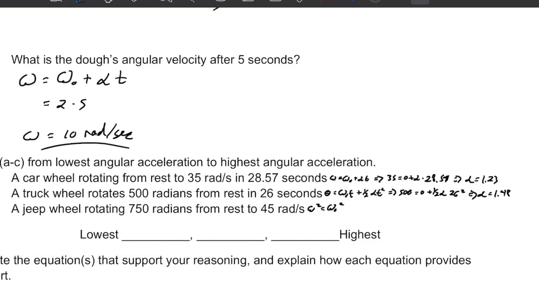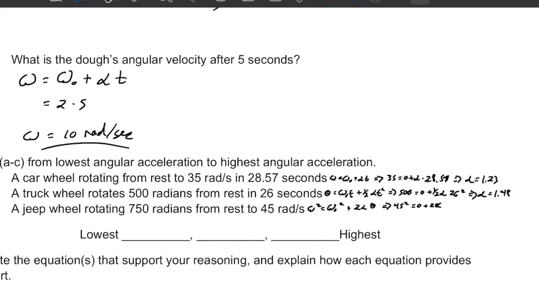The final one, a Jeep wheel rotating at 750 radians, my theta, from rest, so omega naught is 0, to 45 radians per second. That's my final angular velocity. So I've got omega squared is equal to omega naught squared plus 2 alpha times theta.